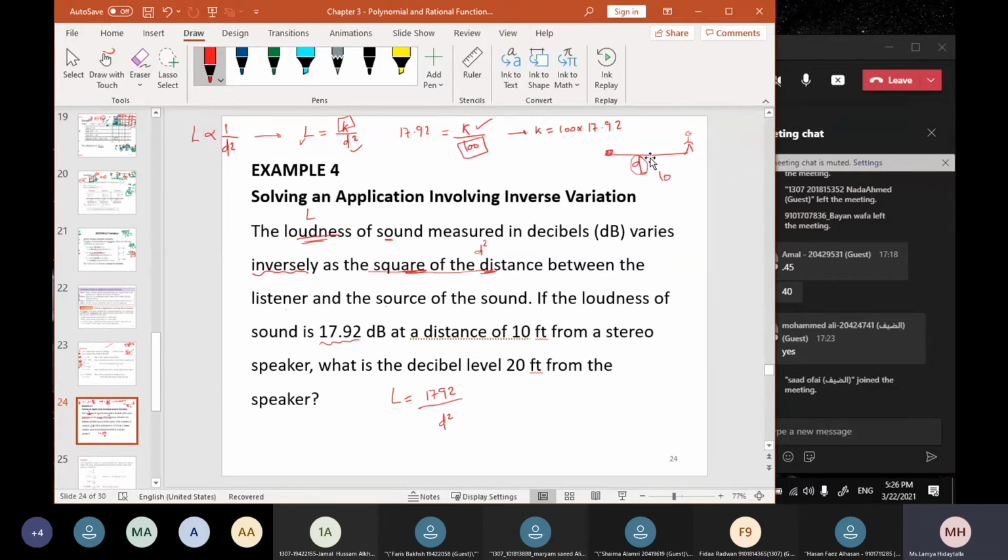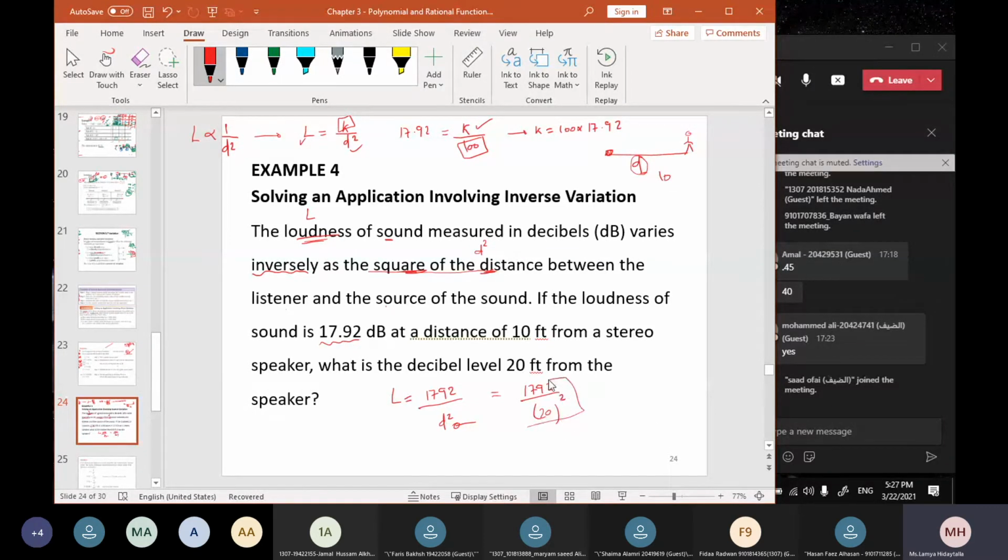So what loudness will he hear? I'll just substitute here. The distance is now 20. So 20 square. So the loudness is going to be equal to 1792 over 20 squared.